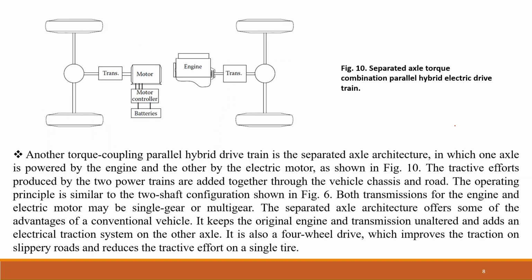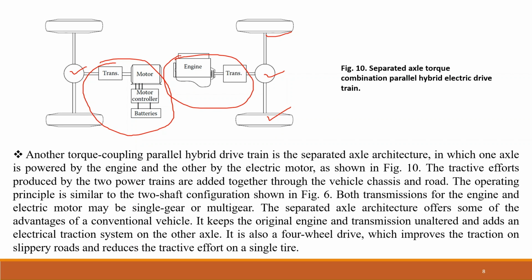the next configuration, which is known as the separated axle torque combination parallel hybrid drivetrain. As we can see, there are two drive shafts with two drive wheels. The motor is engaged in one transmission and the engine is engaged in another, so we have them separate.